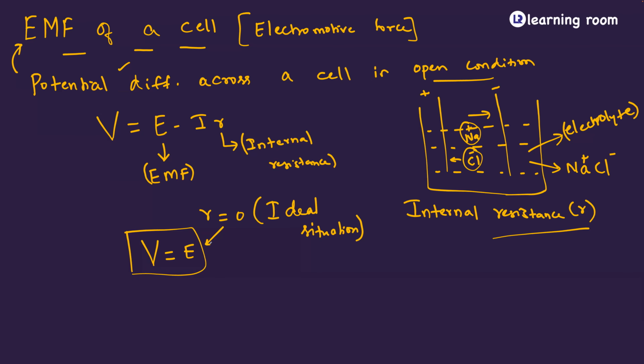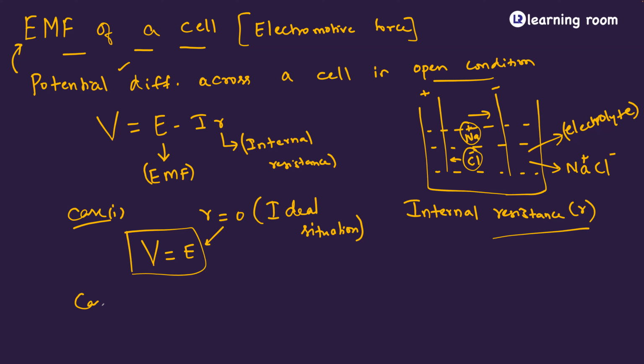There might be a question: when can the potential drop and the EMF be the same? When you consider an ideal situation where the internal resistance of the cell is 0. That is case 1.